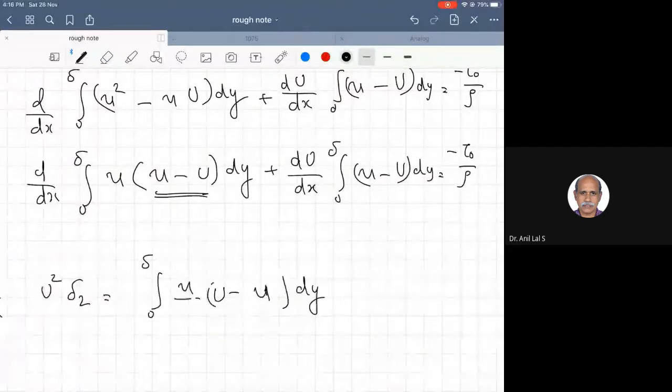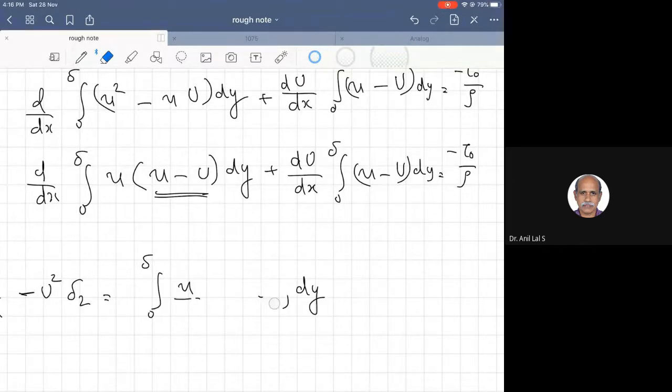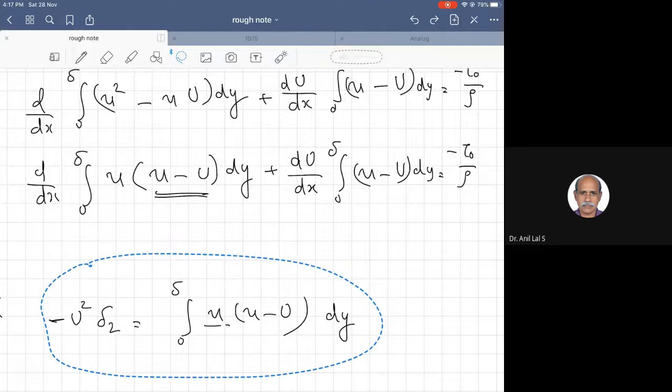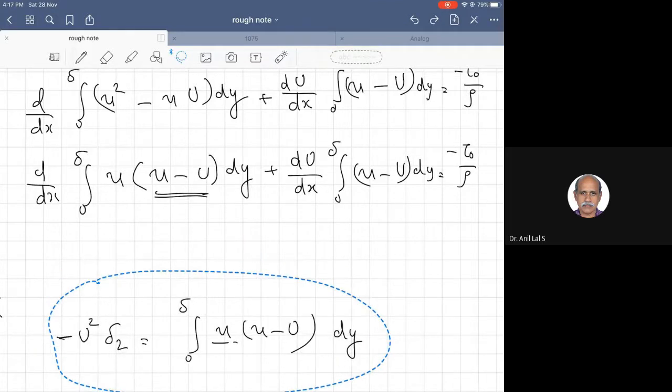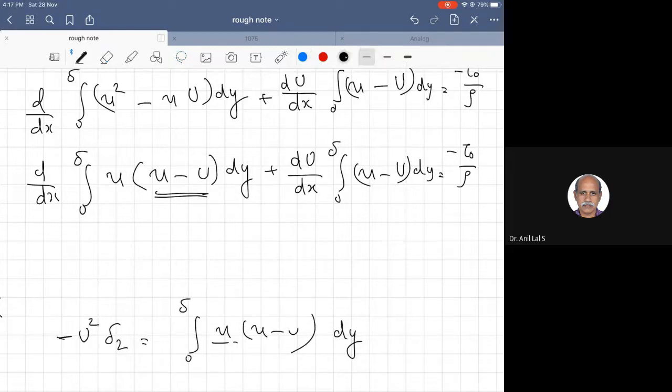This is the reverse, so I can put a negative sign and put this as small u minus capital U. That way we can make it: d by dx of minus U squared delta 2, that is everything, plus du by dx into this.